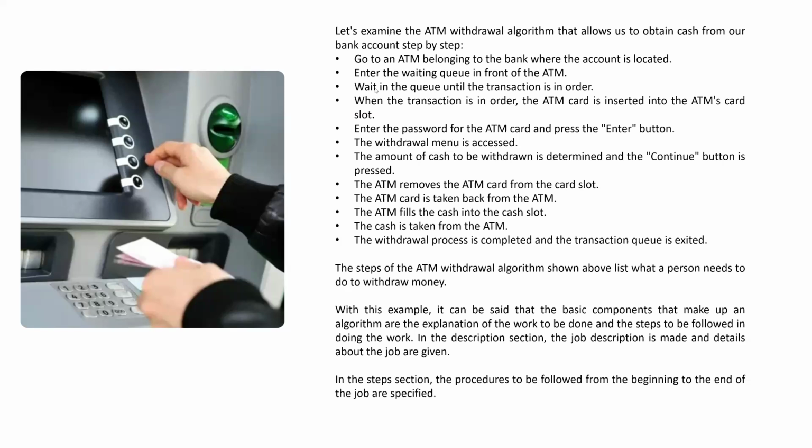Wait in the queue until the transaction is in order, and then when the transaction is in order, the ATM card is inserted into the ATM card slot, and then enter the password for the ATM card and press the enter button, and then the withdrawal menu is accessed. Then the amount of cash to be withdrawn is determined and the continue button is pressed.